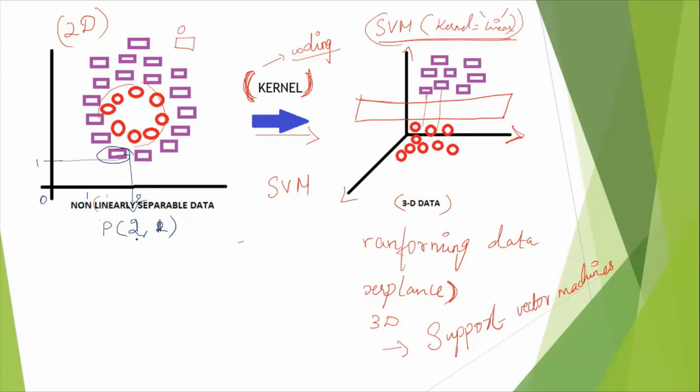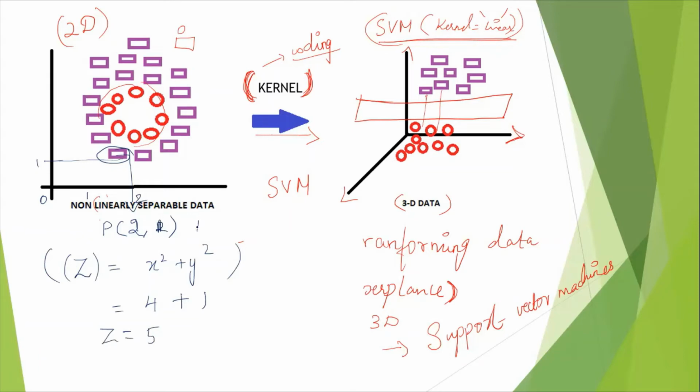How this kernel works is that it will take a new function z. Z is equal to x square plus y square. So x square is 4 plus 1, so z is equal to 5.